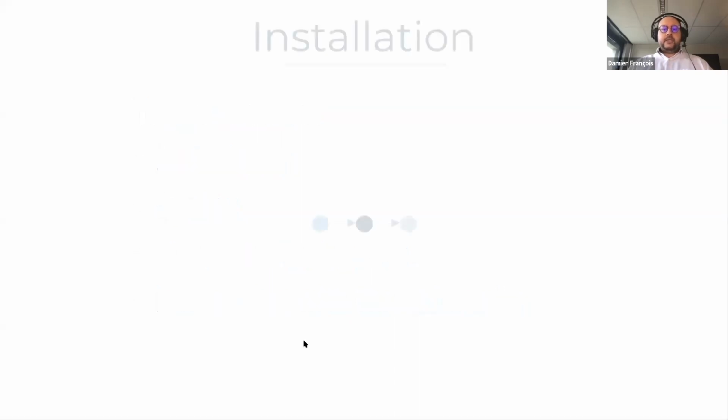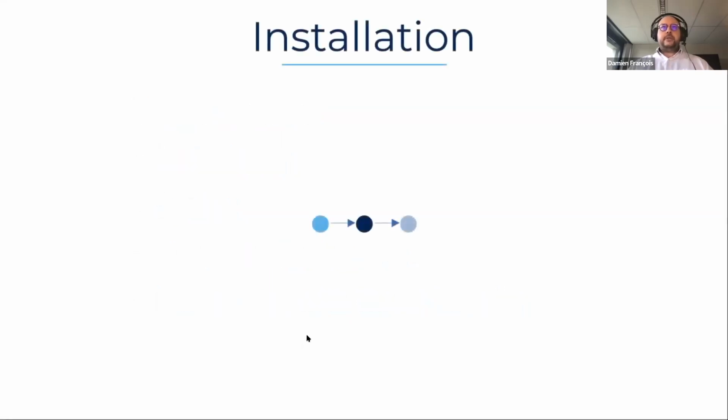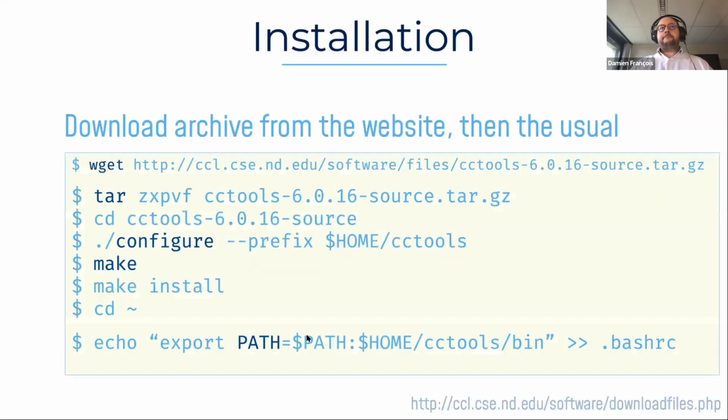So let's start already with the installation. The way you install Makeflow is actually to download the archive that contains the whole suite of software, which is CC Tools. You can do that with wget, and then you use the typical sequence where you compile from source with tar to extract the source and then configure to prepare the compilation process.